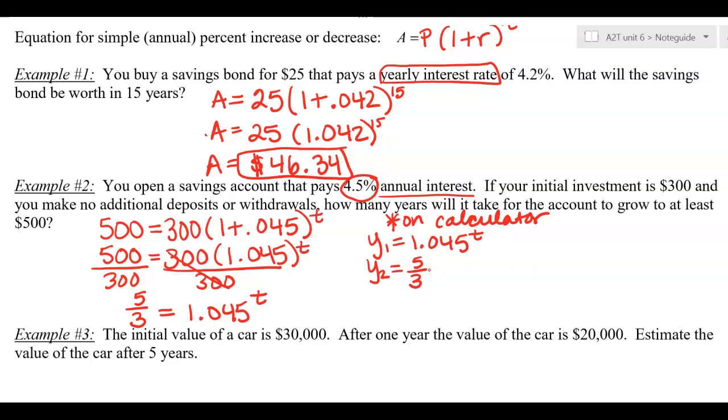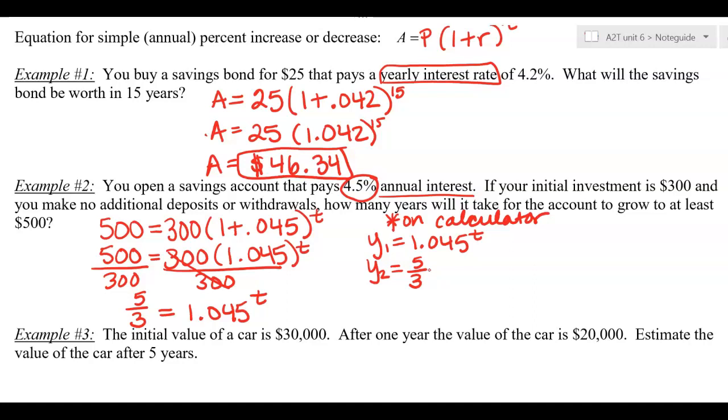What is 5/3 going to look like on the graph? Y equals 5/3. A horizontal line. So all it's doing is setting a boundary for me, like, hey, you have your exponential curve, here's the amount you're looking for it to equal. So what am I looking for when I'm looking for the solution? Garen? Yeah, when they cross each other.